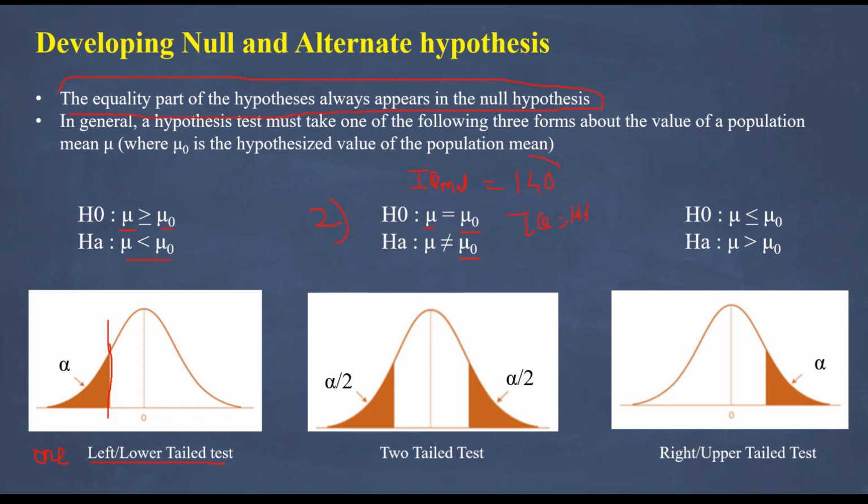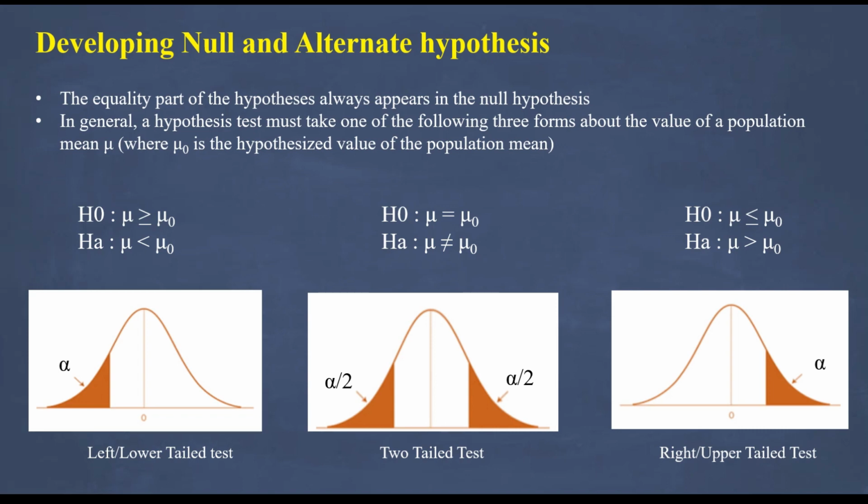So this 140 is your hypothesized value. Coming back to this, the null hypothesis is mu equals mu0 and the alternate is mu not equal to mu0. Again you can see that there is an equality sign in the null hypothesis.